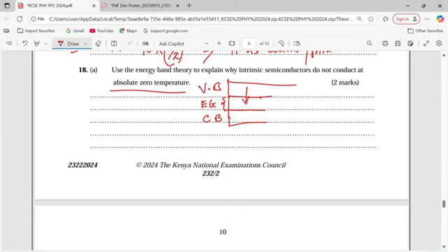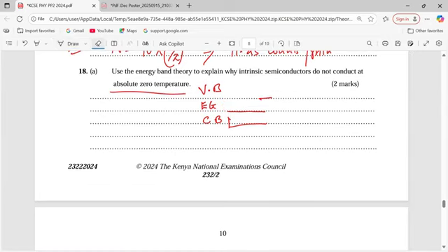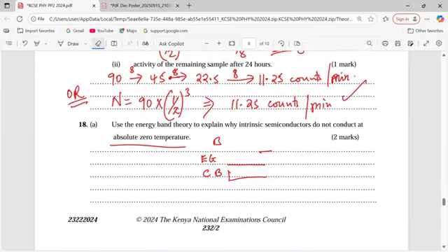But when heated up, they become conductors. So semiconductors are substances whose conductivity lies between that of conductors and non-conductors. So let me use the language of absolute zero temperature.